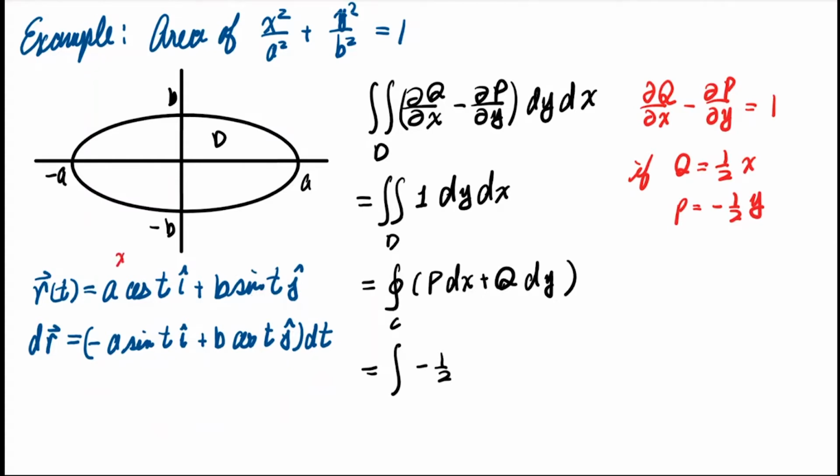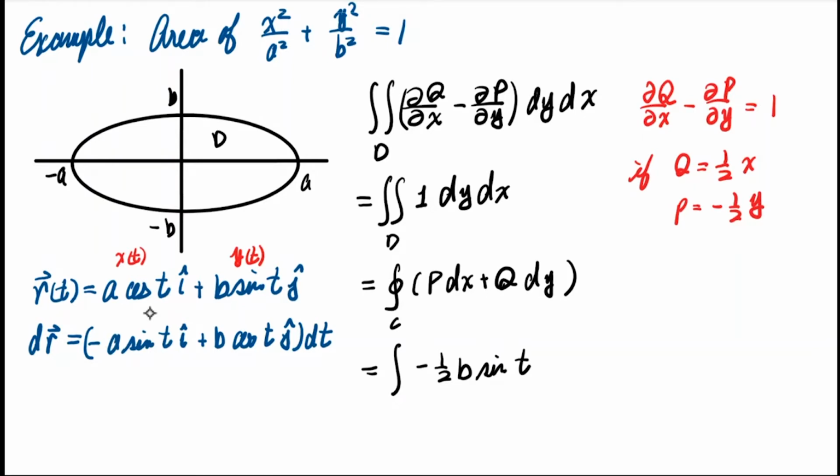Let's review. This is x of t, and this is y of t. This is how we do a line integral, right? So y is -1/2, and then b sine t. Good.